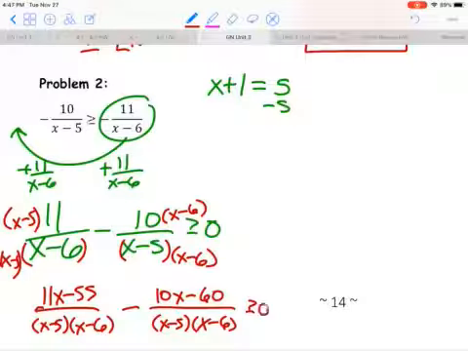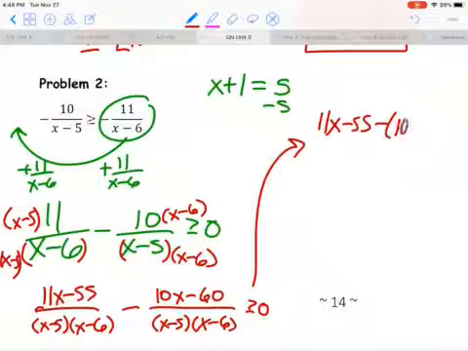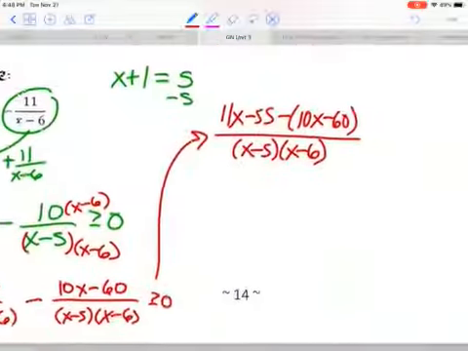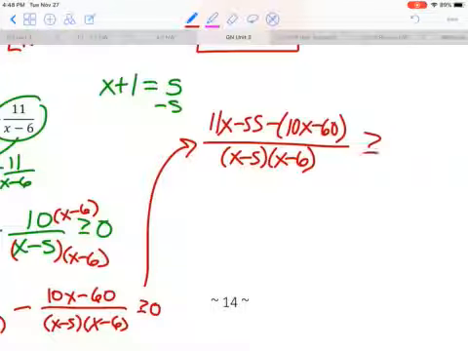The nice thing is that if you have the same denominator, remember with adding and subtracting, they combine. So we end up getting 11x minus 55 minus 10x minus 60 over that same denominator. It doesn't change. We do have to keep the inequality, and we want to simplify the tops.